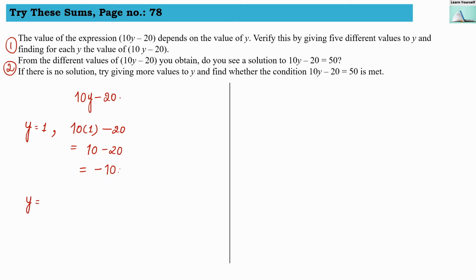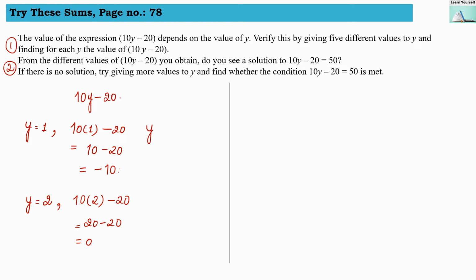Then we take y equals 2. In this expression, again we substitute the value of y. We get 10 into 2, that is 20, minus 20, so we get 0. When we take y equals 2, we get 0.